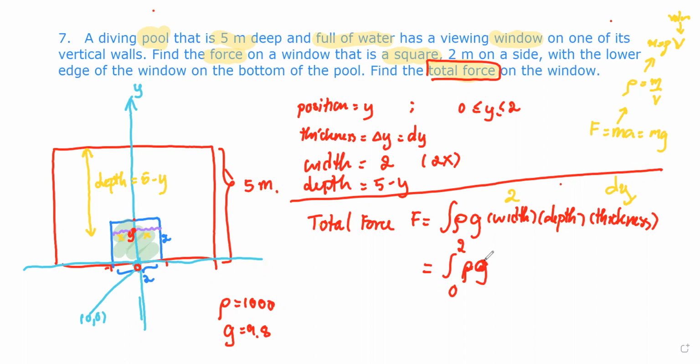Okay, rho g, and the width is 2, the depth is 5 minus y, and the thickness is dy, and keep going for the rest of them.